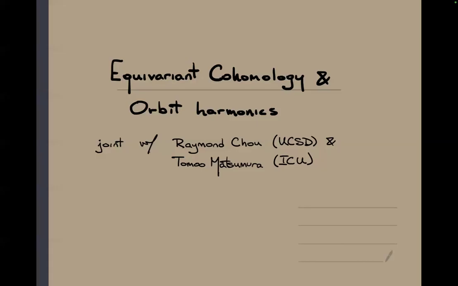Right. The title of the talk, I guess, contains two objects, equivariant cohomology and orbit harmonics. So equivariant cohomology, this is an object that arises in, say, topology or algebra, a cohomology theory where you don't just have spaces, you have spaces with group actions, and you want to take these group actions into account somehow.